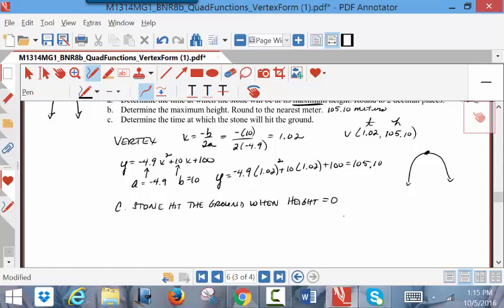So, when you look at your ordered pairs, which are time and height, this means the y value is 0, right? So when the y value is 0, this is your x-intercept, which is called the zero of the function. So if I look at this lovely equation, y equaling a negative 4.9x squared plus 10x plus 100, and I replace the y value with 0, how fun is this going to be to try to solve?